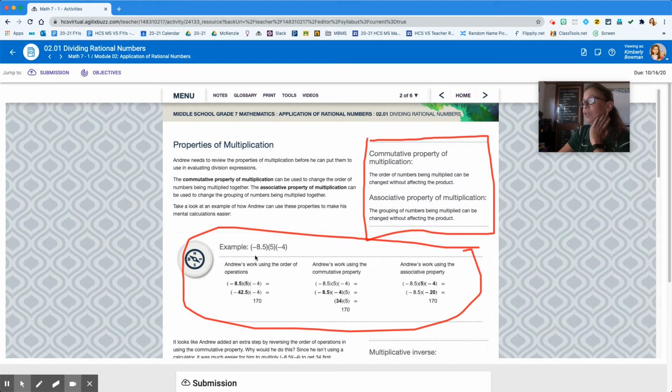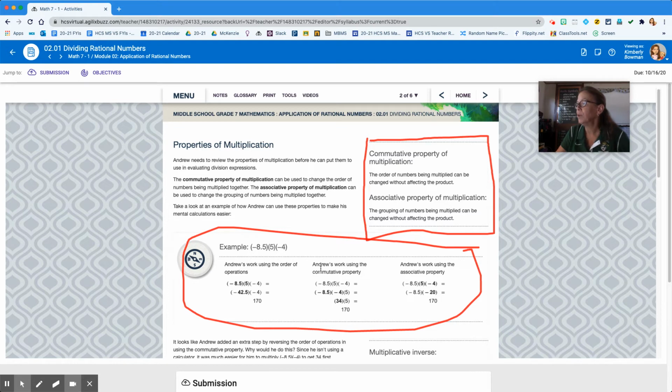So here he's got negative 8.5 times 5 times negative 4. And he's using a calculator, so he multiplied negative 8.5 times 5 and got negative 42.5. And now he's multiplying by negative 4, and he gets 170. That's order of operations. That's not any properties being used except for just order of operations.